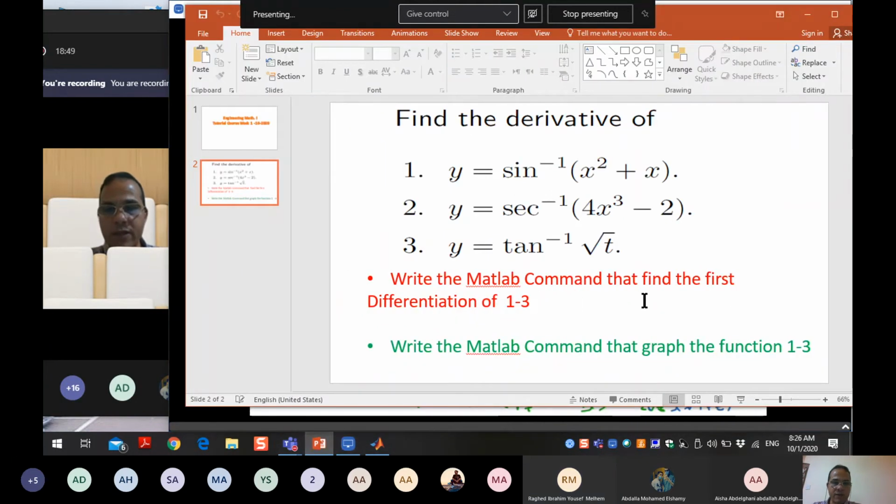We found the derivative using Matlab. Now write the Matlab command for the graph of the function. How to graph the function? You use syms or you have to put a domain. Yes, I have to give values for t to graph it, because t is on the x-axis and y is here.